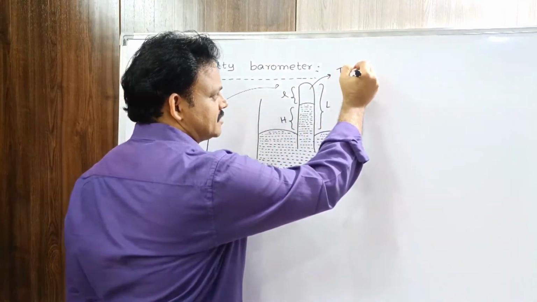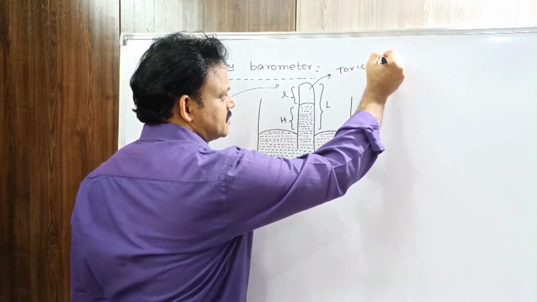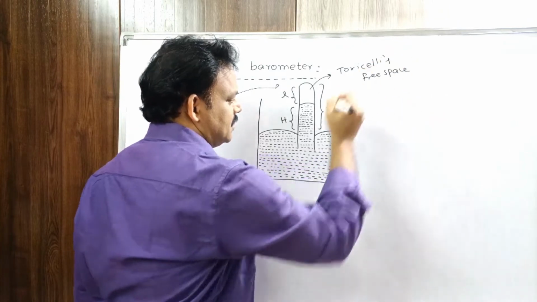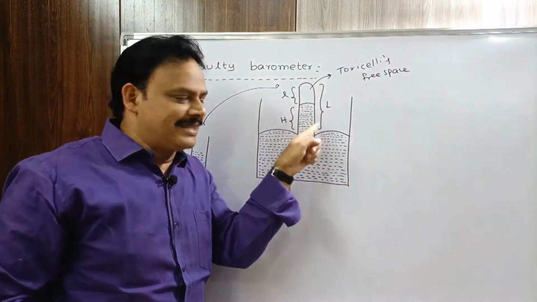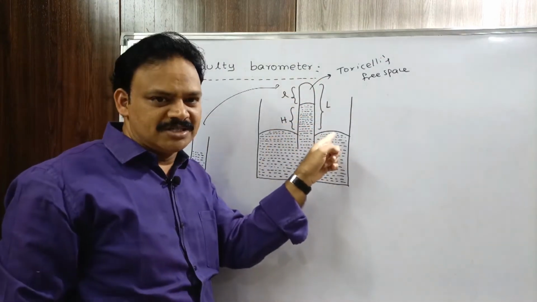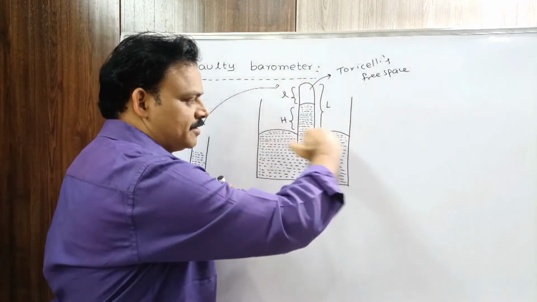It is also called Torricelli's free space. Here, capital L is the length of the glass tube above the mercury level in the vessel. This is called the level of mercury in the vessel.